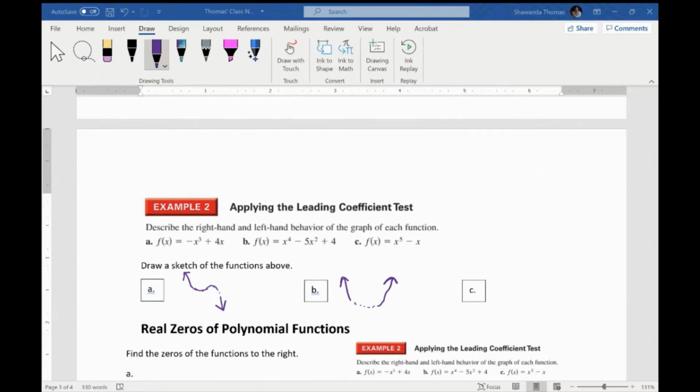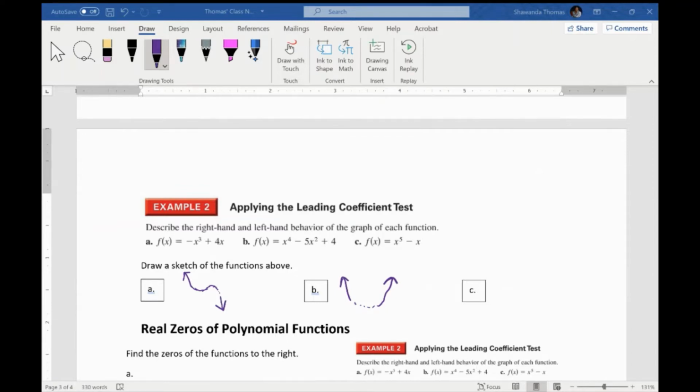All right. C. What is the degree of C? 5. Very nice. What's the leading coefficient? 1. All right. This function will resemble what function? Cubic. How do we know that?